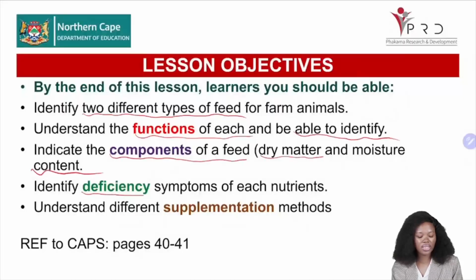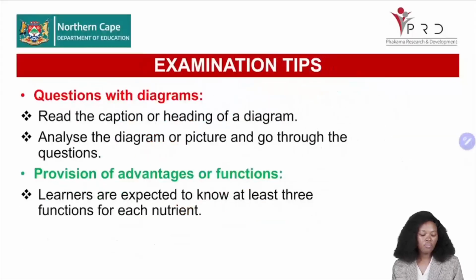Identify the deficiency symptoms of each nutrient. So what happens if an animal is short of a nutrient? Obviously, it will suffer from a deficiency and start showing signs of deficiency. So you should be able to identify those symptoms. Understand different supplementation methods.